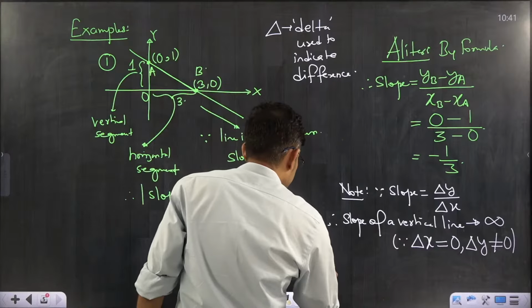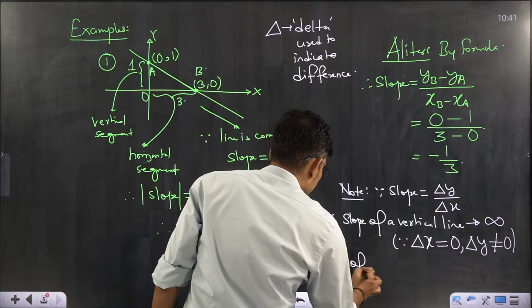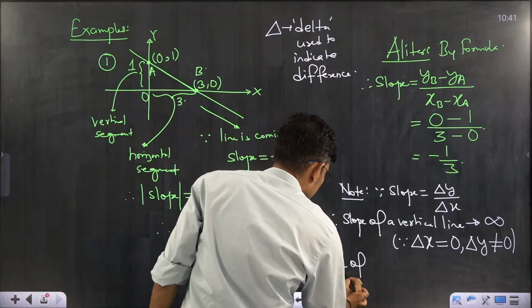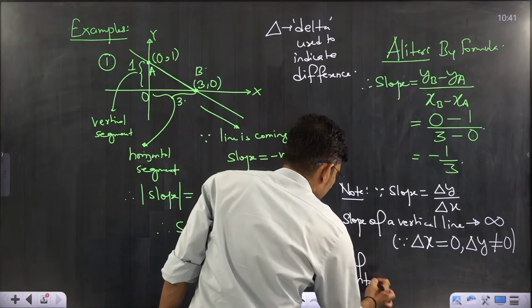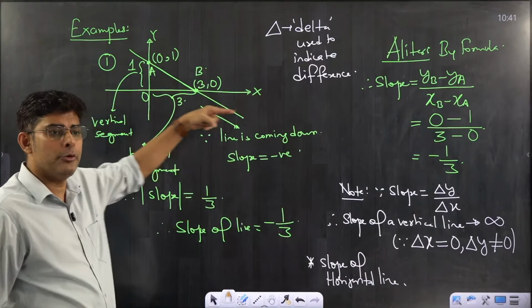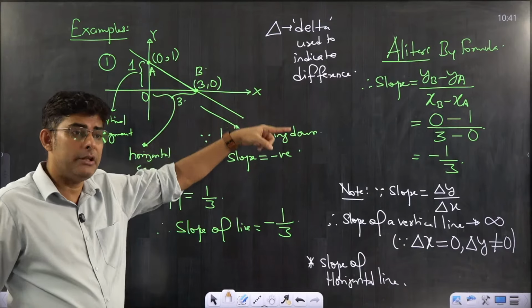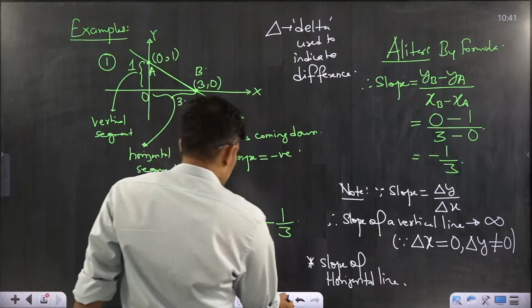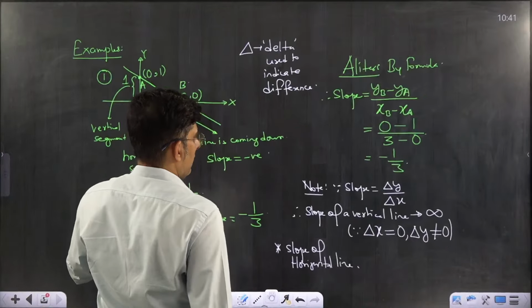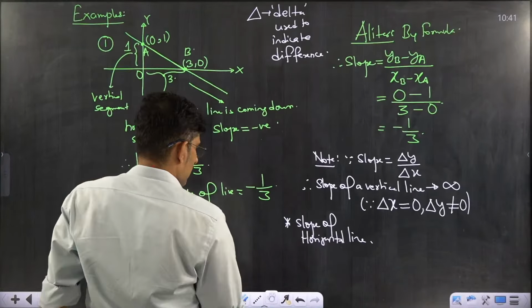Similarly, if I say slope of a horizontal line, if you move along the x-axis, what will not change? Y. What will change is x. So if we move along the x-axis, slope of a horizontal line will always be 0.